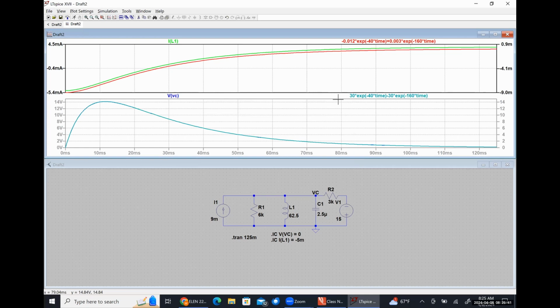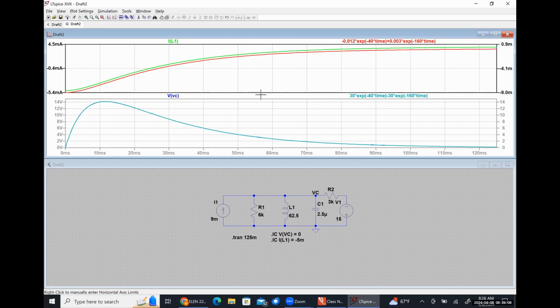Okay, so let's look at the bottom thing first, okay? We have our capacitor voltage VC, and then we have this mathematical expression. When I type the mathematical expression in, the curve completely overlapped what was originally there, which seems to mean that I got the voltage part absolutely correct, okay?